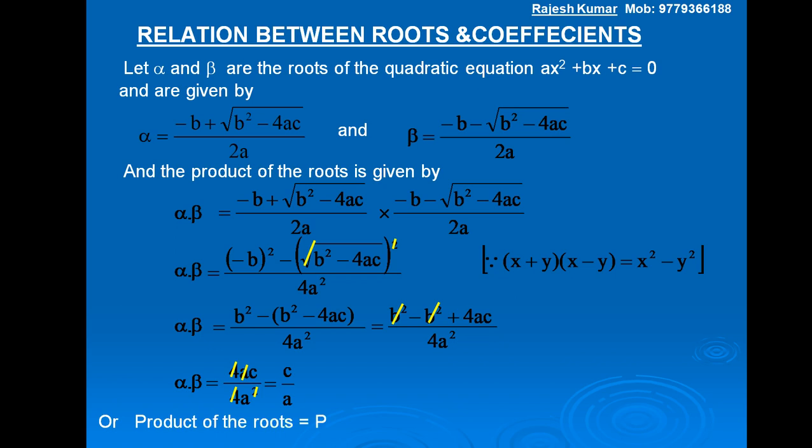Or the product of the roots, capital P, is equal to alpha into beta is equal to c upon a. Let it be equation number 3. So by this method we can find the sum and product of the roots directly from the equation.